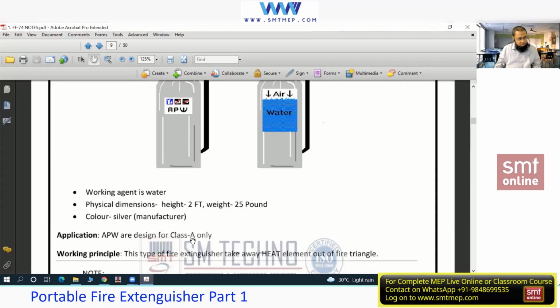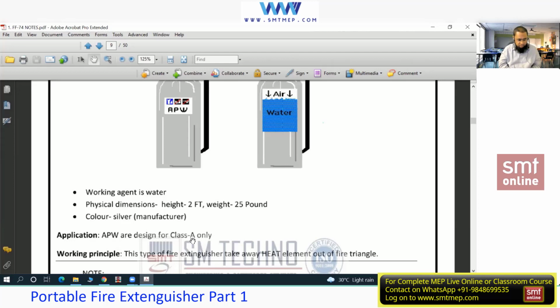And if you use it on class C, the short circuit will further increase. And there is no question of using it on class D. Class D means very high temperature compared even with B, so there is no question of using water. And class K also belongs to the family related to class B, so you cannot use water. So this fire extinguisher is designed for class A fuel classification only.